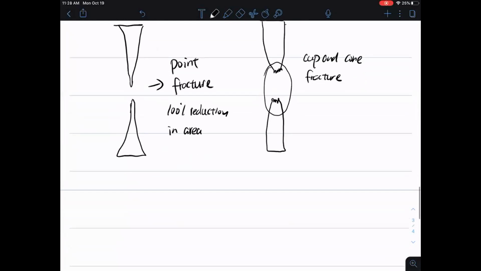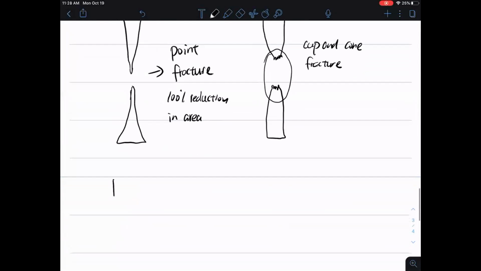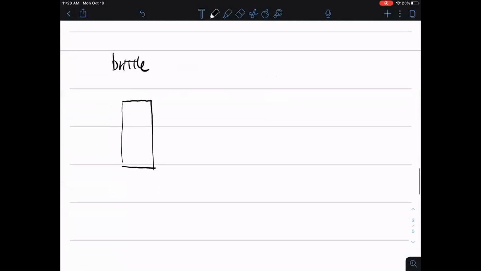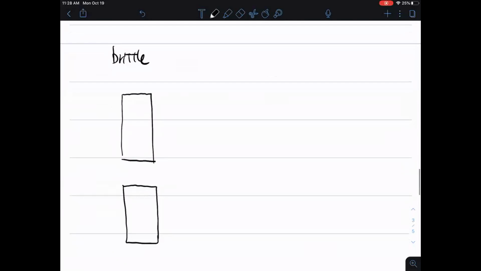What happens to very brittle material? If you have a super brittle material, remember the picture showed the middle one, the steel with high carbon content, you're going to end up with a very flat fracture surface.